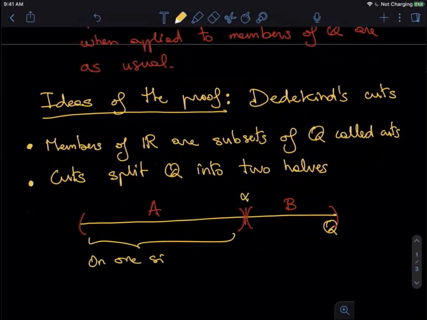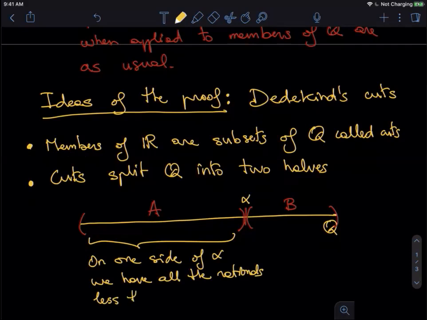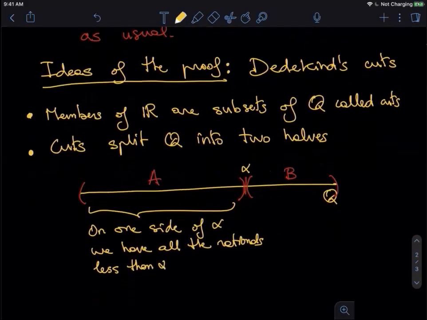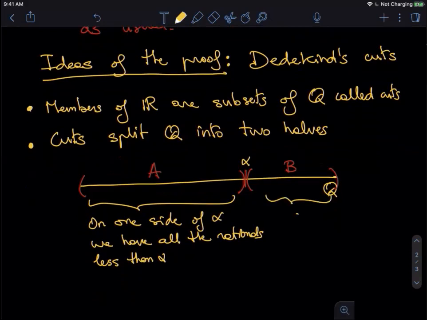Let's say we have a number alpha where we do the cut. So on one side of alpha, we have all the rational numbers that are less than alpha. And on the other side, we have everything that is bigger.